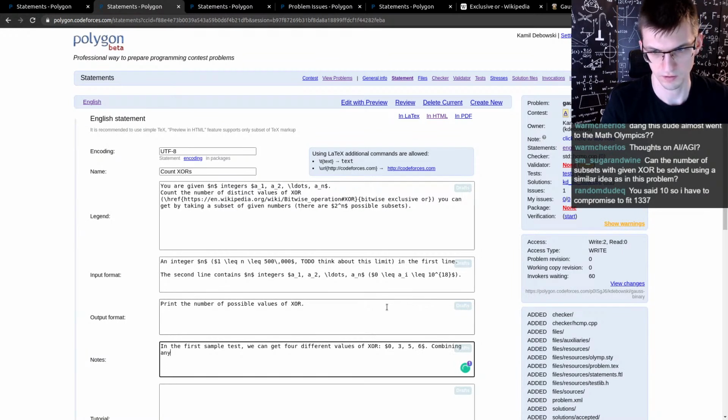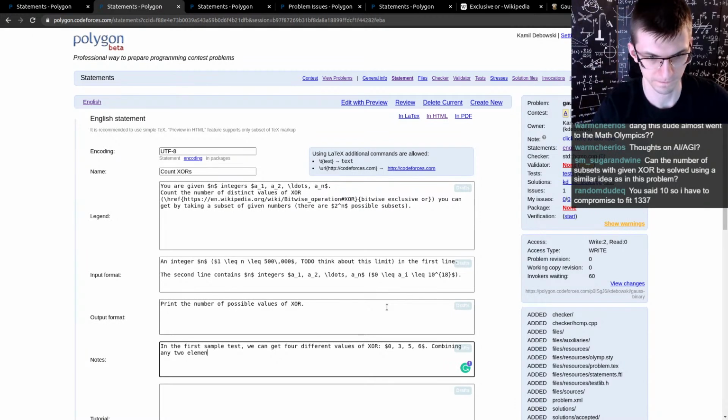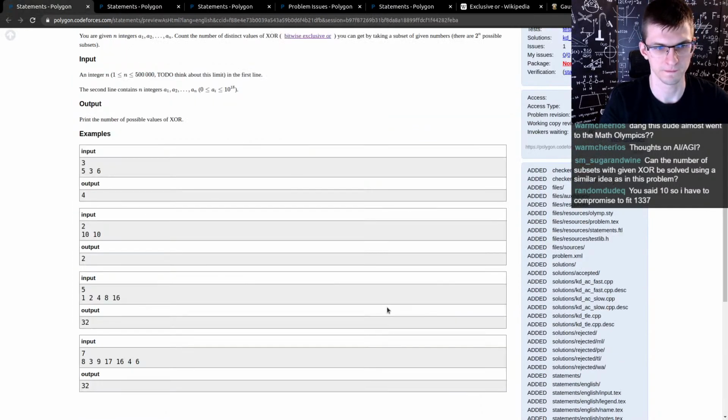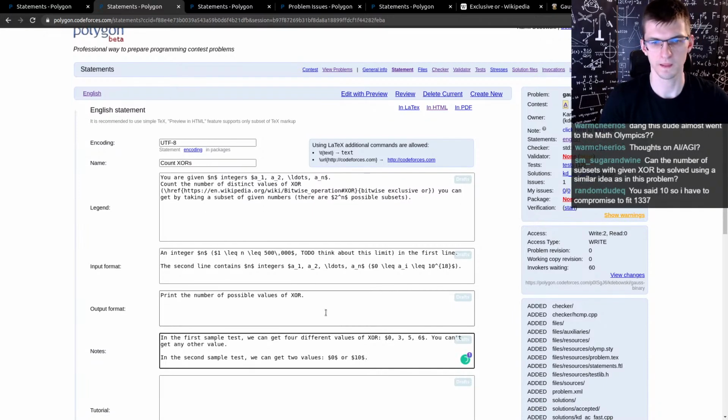Combining 2. Or maybe, do I want to say this? Can't get any other value. I think that's enough.